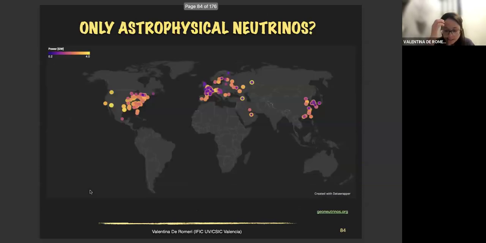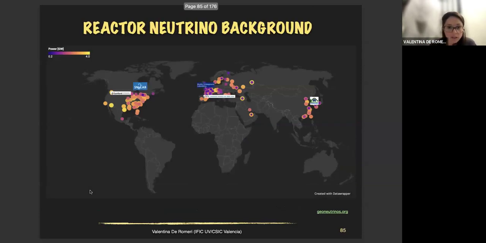So we asked ourselves whether only astrophysical neutrinos would be a relevant background for WIMP searches for this kind of next generation direct detection experiments. And the answer is that probably it's not the case, in the sense that there can be also relevant background from reactor neutrinos.